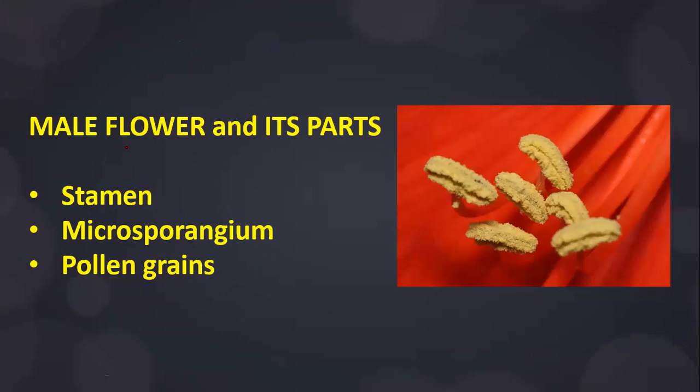So give me hearts on the screen, and now we are going to move on with the male flower and its parts. In this particular module, we will be discussing Androecium, the individual units known as stamens, the microsporangium, and finally the pollen grain and its structure and how the male gametes are formed inside the flower.